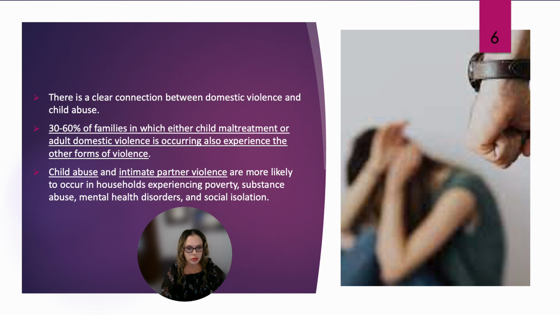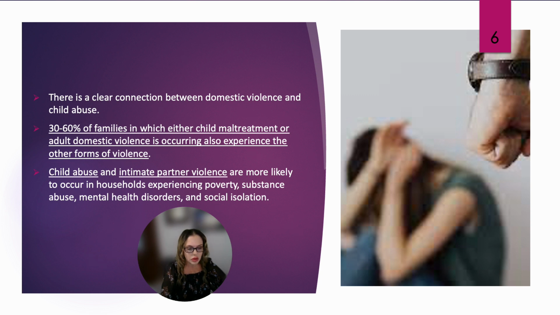There is a clear connection between domestic violence and child abuse. In 30 to 60% of families in which either there is maltreatment of a child or adult domestic violence is occurring, it typically means that the other form of violence is occurring. So if there's child maltreatment, there's most likely adult domestic violence, or if there's adult domestic violence, there's often child maltreatment.